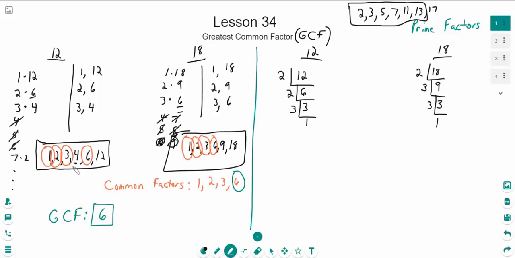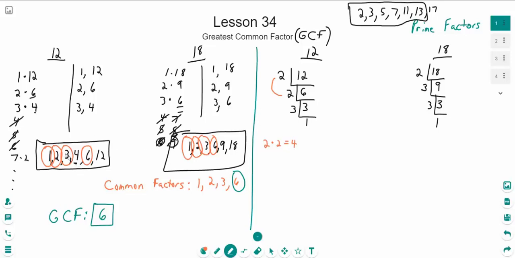But then you might say, well, what about the 4 and the 6 and the 12? Well, notice that the 4 is a combination of these prime factors. If I take the 2 and multiply it with the other 2 that's there, 2 times 2, what does that give me? That gives me 4, which is this number over here.